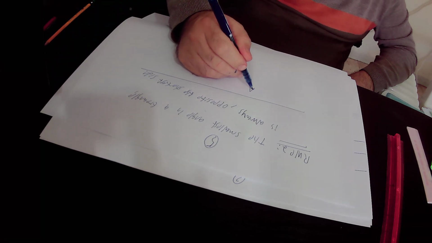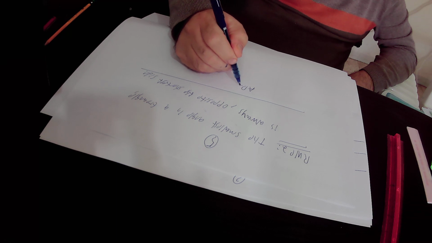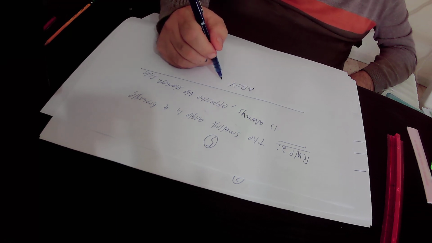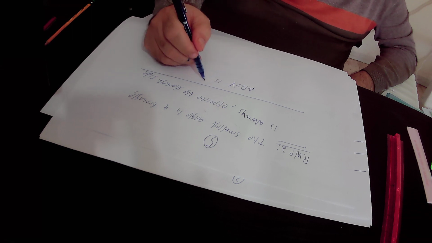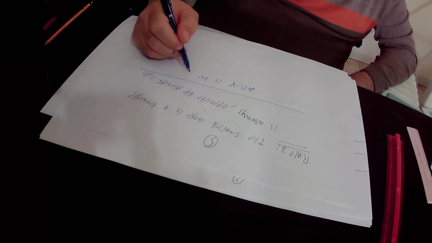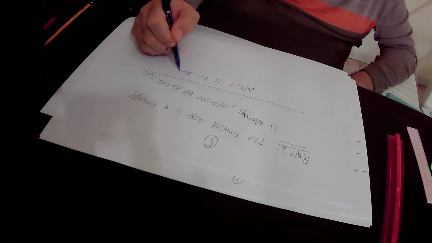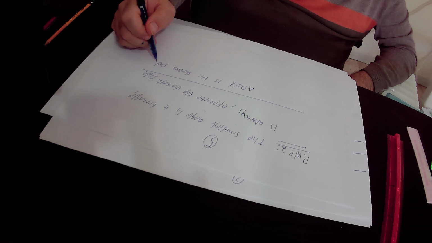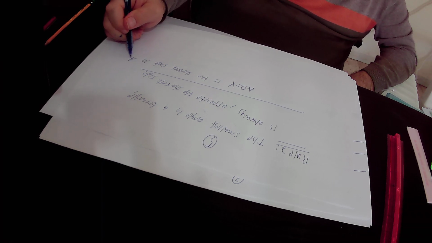According to rule number 2, AD, which is equal to x, is the shortest side in triangle ADC.